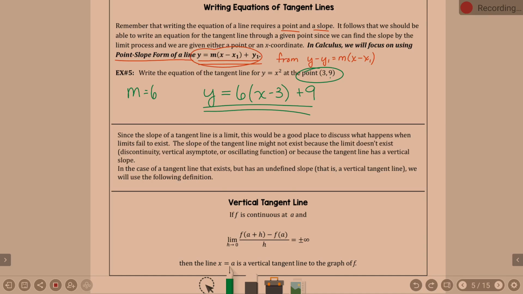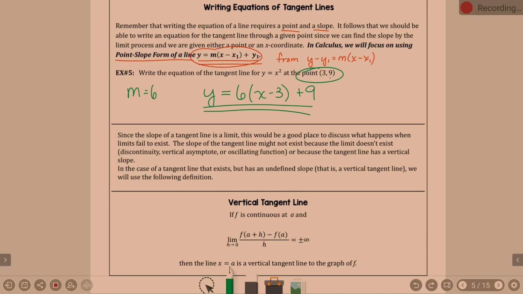In the case that a tangent line exists but has an undefined slope, so vertical tangent line, we use the following definition. And so this is just your definition of the limit we already talked about, right? Limit as h approaches 0 of f of a plus h minus f of a all over h is equal to either positive or negative infinity.